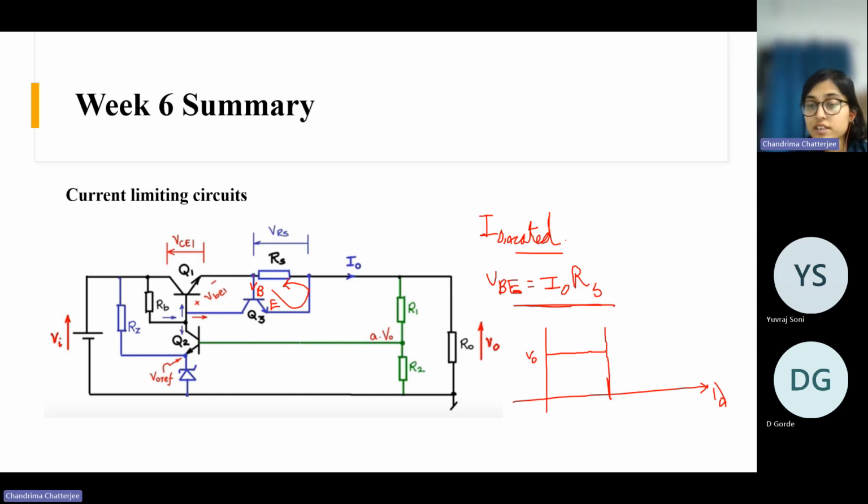And if at this point you short this, there is no resistance, then the voltage will immediately become zero. But the current will be very high. That we call the short circuit current. This is called ISC. So in this condition, to restrict this short circuit current, when the resistance is shorted, we use this circuit to limit the current.